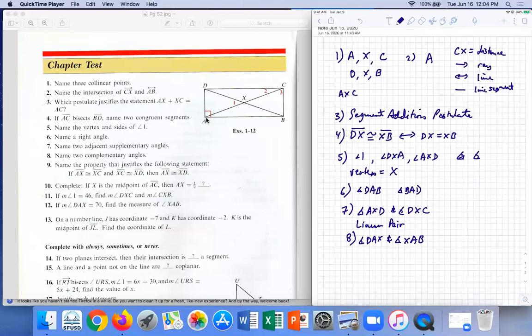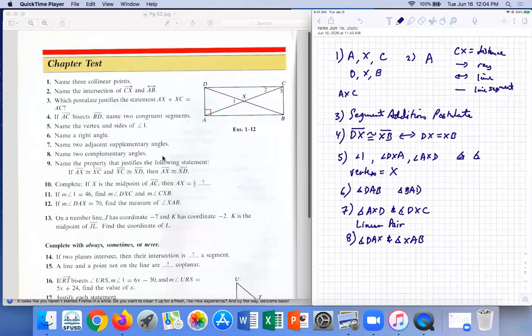So these are 2 complementary angles. And remember, you need 2. I've heard some people, when asked to name 2 complementary angles, tell me DAB. Well, DAB is 1 angle and it's 90. So they're getting the 90 idea right, but two of them add up to 90. So it's not the whole thing. So watch out for that.